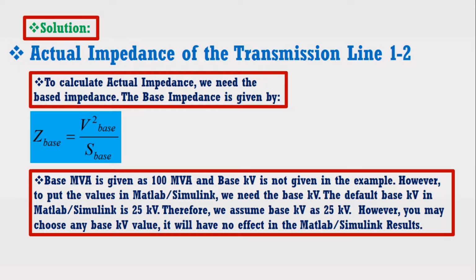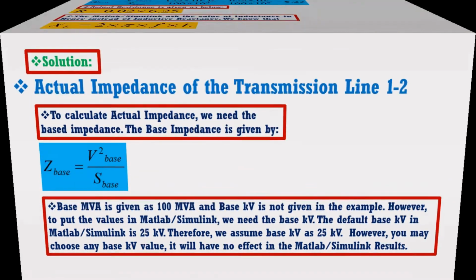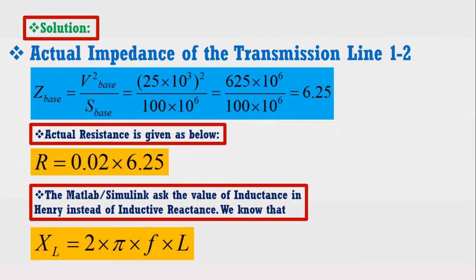However, to put the value in the Matlab Simulink, we need the base kV. The default base kV in Matlab Simulink is 25 kV. Therefore, we assume base kV as 25 kV. However, you may choose any base kV value, it will have no effect in the Matlab Simulink results. Therefore, putting these values in the expression, we get base impedance equal to 6.25 as below.